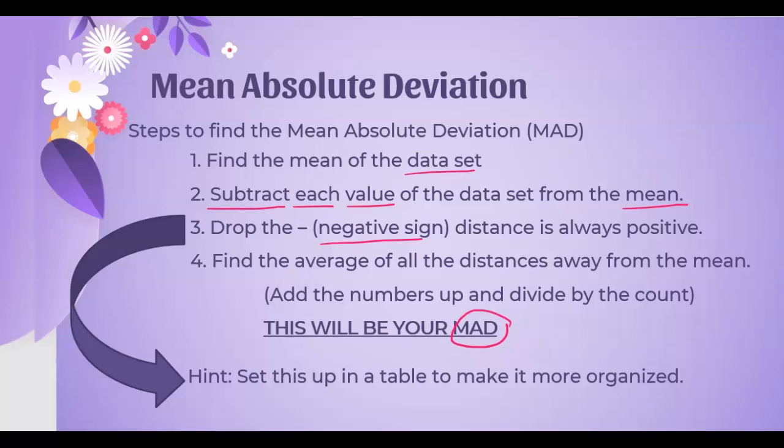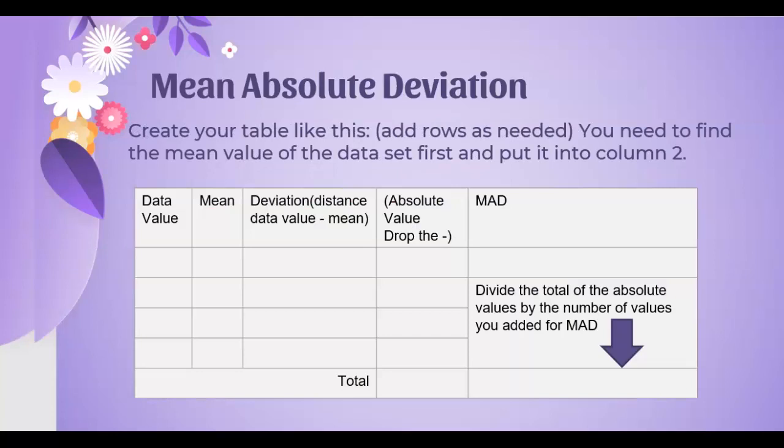Set a table up to be more organized. This is how I set up my table. All right, so this is step number 1 here. Find the mean. This will all be the same number. Step number 2.